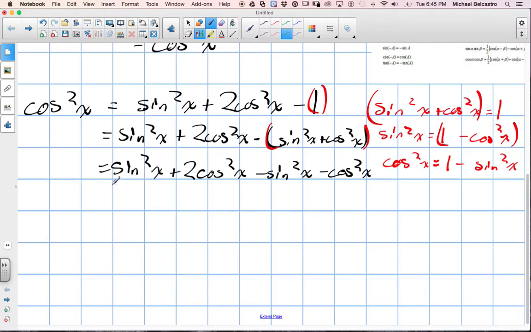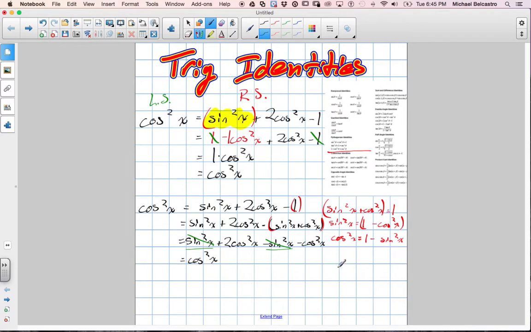Sine squared x and negative sine squared x eliminate each other. They create a 0. And then 2 cos squared x minus, and again that's a 1, cos squared x ends up as just cos squared x. So, different routes you can take. There are many, many different ways to get there. Sometimes one is faster than the other, but all are technically correct.